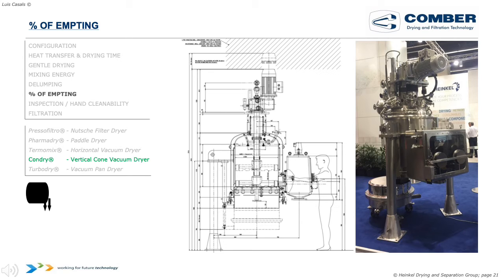Have a look at the slide and on the right-hand side you can see the Nutsche filter dryer with a single chamber glove box to remove the solid manually. In the center of the slide you can see the same information, showing how easy it is to remove the solid with a glove box.